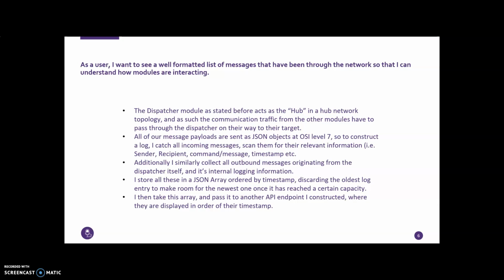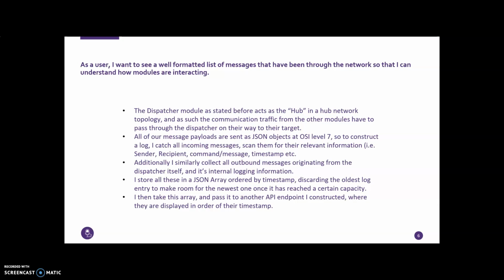Additionally, I similarly collect all outbound messages originating from the dispatcher module itself and its internal logging information. I store all of these entries in a JSON array ordered by timestamp, and I discard the oldest log entry to make room for the new one once we've reached a certain capacity, so as to not waste memory.